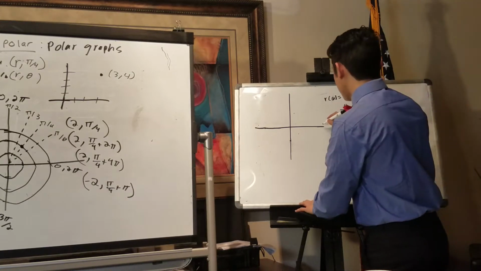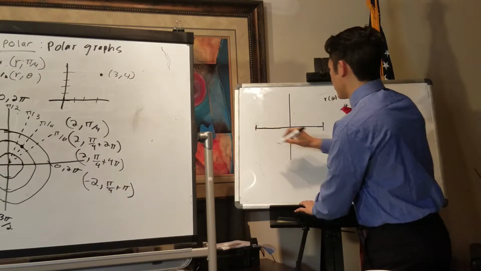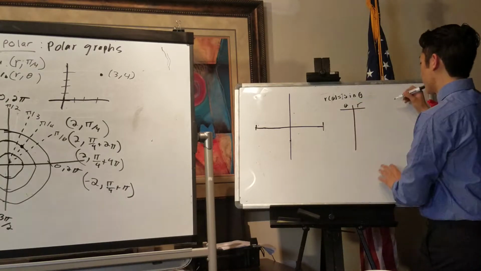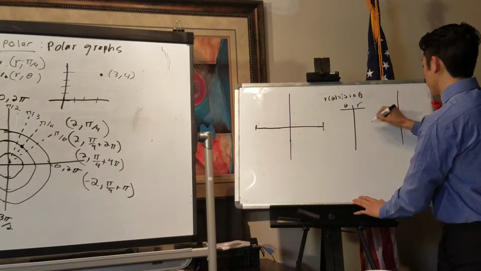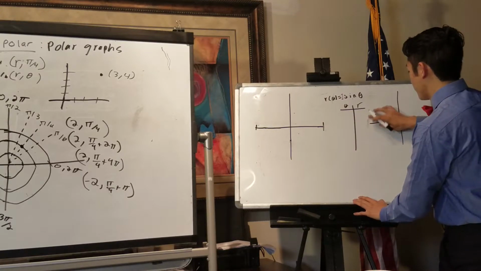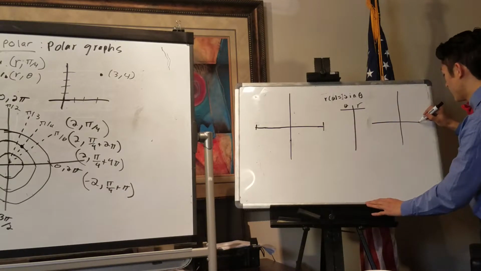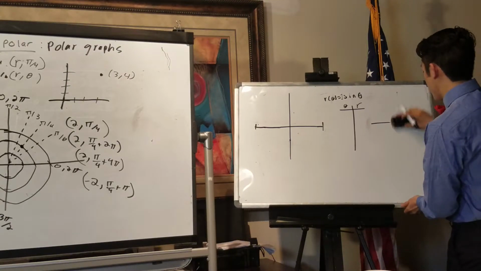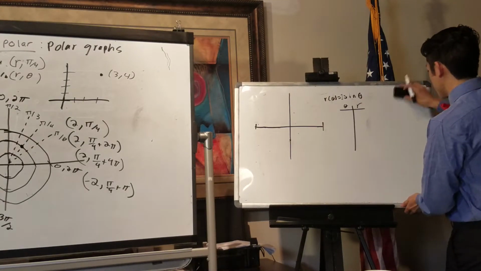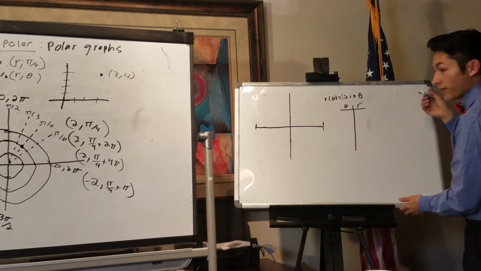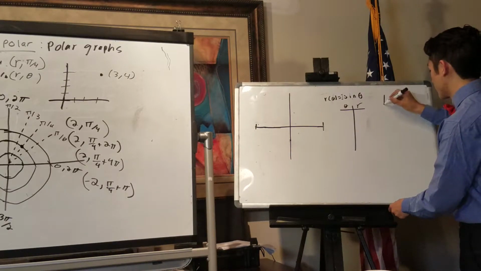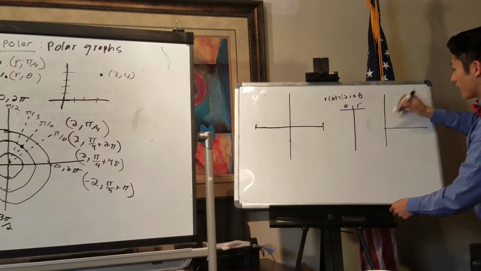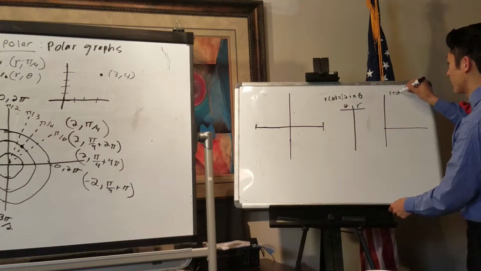So, since our amplitude here is 1, and remember from previous courses that the amplitude is simply the height of the trig function, we're going from sine starting here on a rectangular coordinate system.